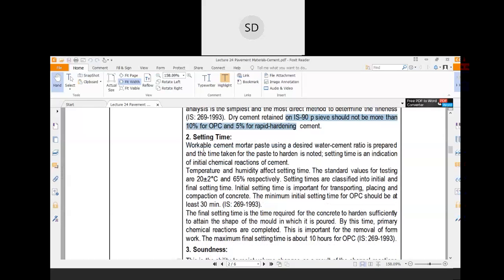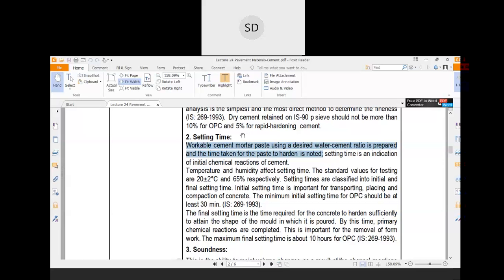Now, another important parameter is setting time. A workable cement paste using a desired water cement ratio is prepared and the time taken for the paste to harden is noted. So you will select a certain water cement ratio like 0.4 or 0.42 or 0.45, like that.